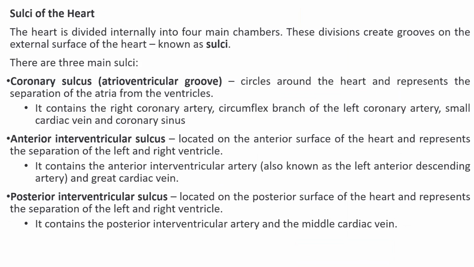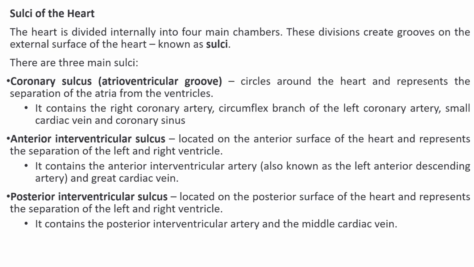What are the sulci of the heart? The heart is divided internally into four main chambers. These divisions create grooves on the external surface of the heart, which are known as sulci. There are three main sulci. The first one is the coronary sulcus, also known as the atrioventricular groove.